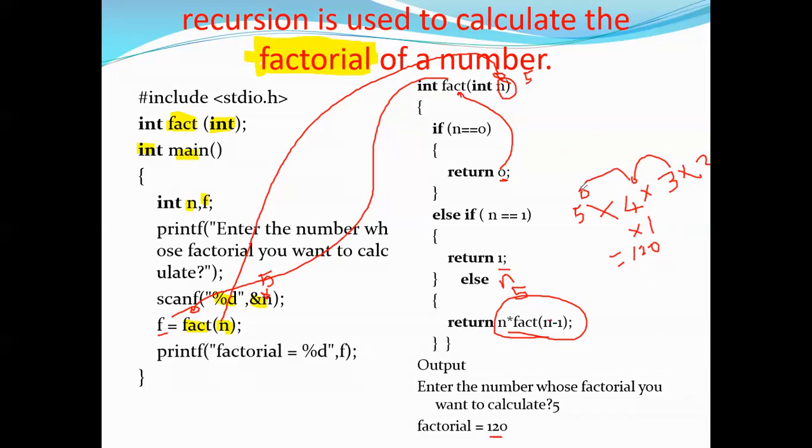Okay, this is the result. This single value, 120, is returned to the factorial call. This factorial value will be stored back here, and that value will be displayed on the screen.